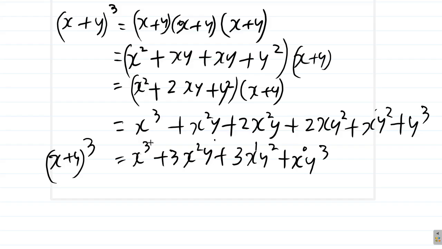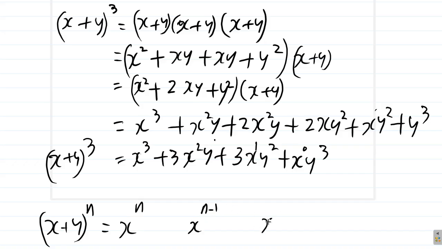So the power of x, which is on the left, goes from 3, then 2, then 1, then 0. So this is suggesting that if you have x plus y to the n, you have x to the n, then x to the n minus 1, and x to the n minus 2, same as 3: 3 minus 1 is 2, 3 minus 2 is 1, and so on and so forth.